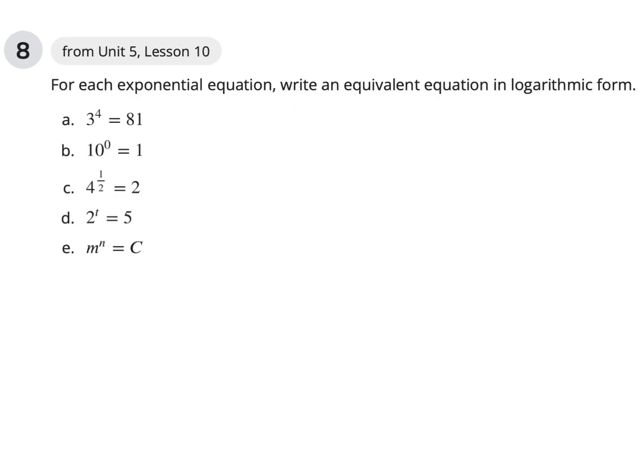Okay, now for this one, all we have to do is write it in equivalent logarithmic form. When we write in log form, the base stays the same. It just goes down below. The answer and the exponent change because logs count exponents.